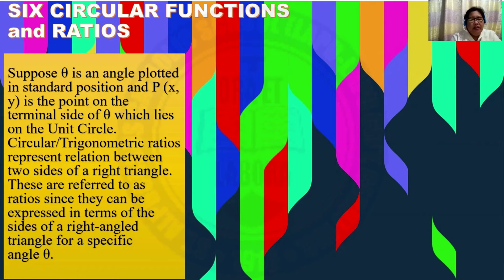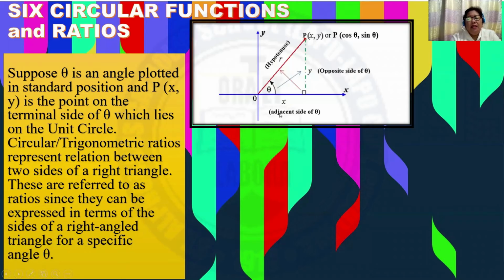These are referred to as ratios since they can be expressed in terms of the sides of a right-angled triangle for a specific angle theta. In this illustration, this angle represented by theta is the reference angle, and this side is what we call the opposite side of theta.